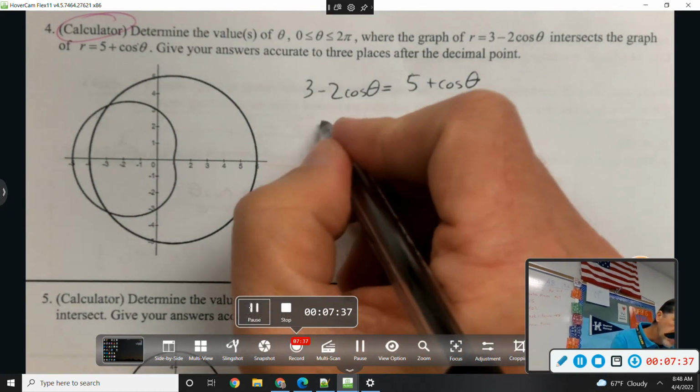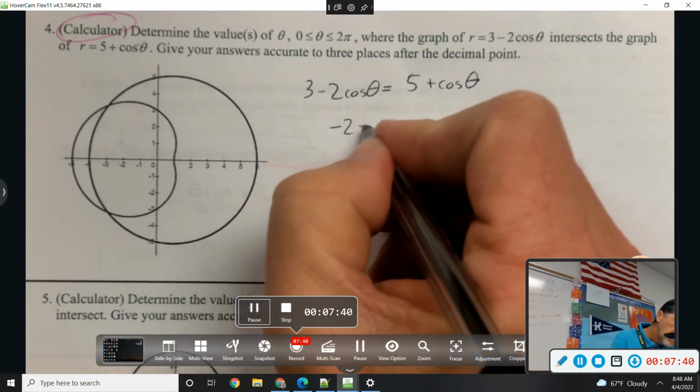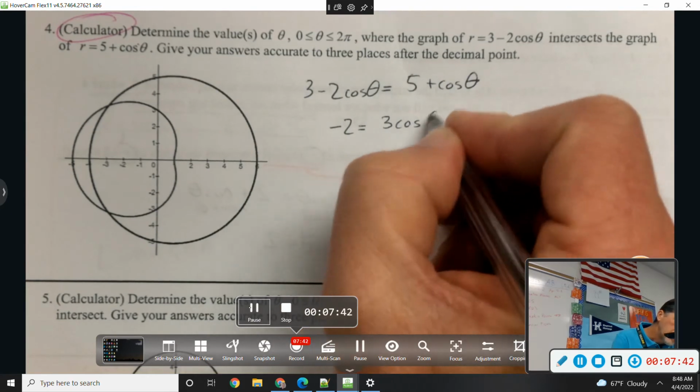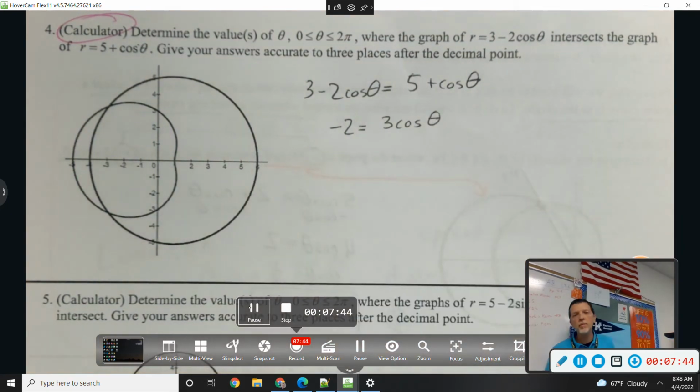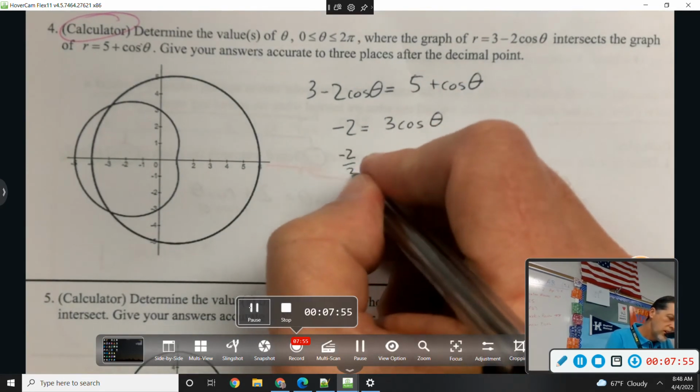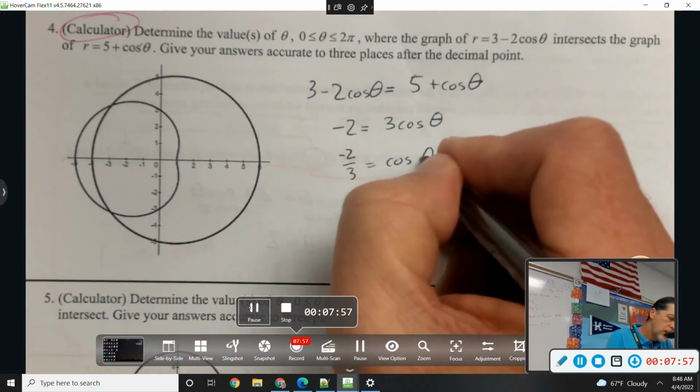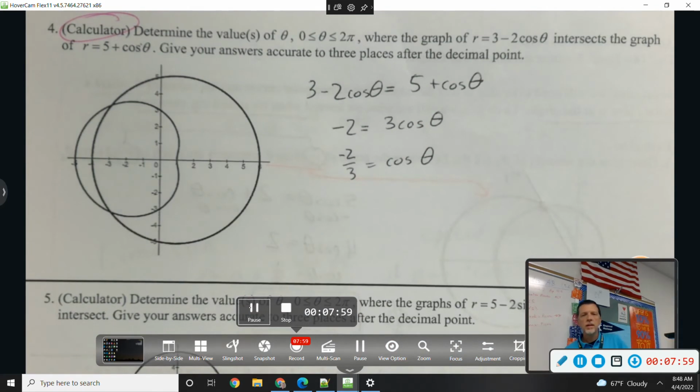So if we move things around, it's like how many algebra steps can we do at once without messing things up? Subtract 5 from both sides, add 2 cosine theta to both sides. Negative 2/3 equals cosine theta.